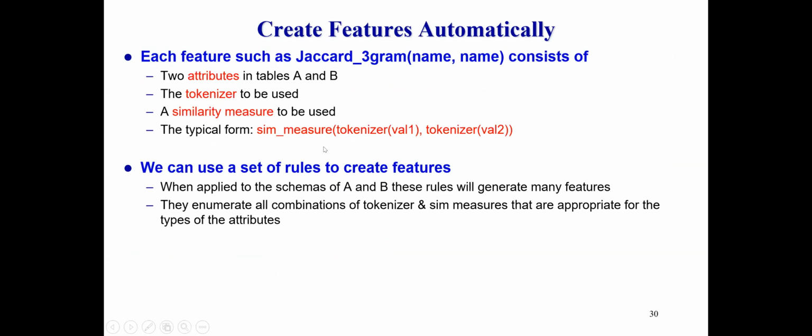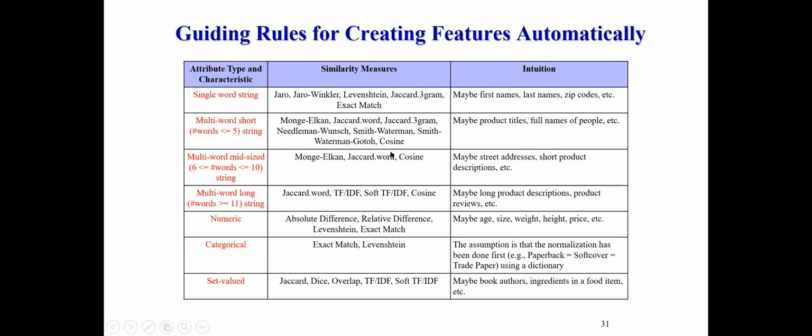So obviously we could write a bunch of rules and use the rules to automatically create the features. This one right over here is showing an example of that. Given a particular attribute in a table, we're gonna first profile the attribute to understand, is it a single word string, or multiple word short string, or multiple word long, or numeric, or categorical, or set value.